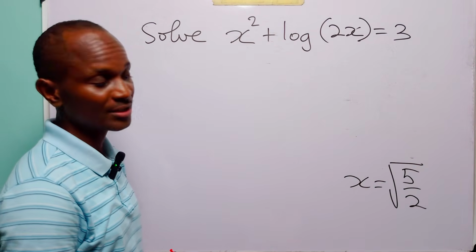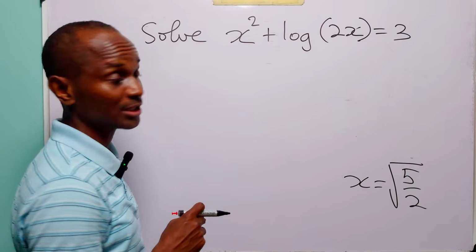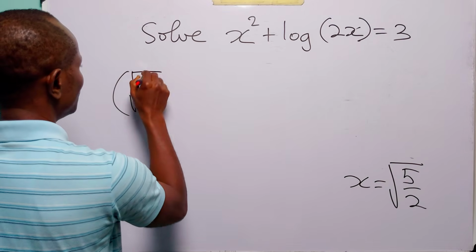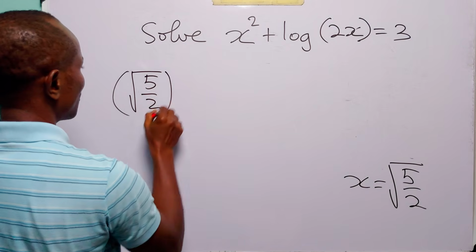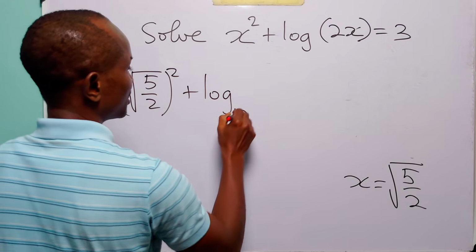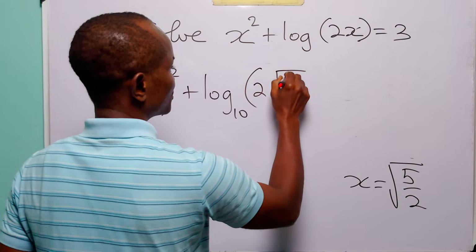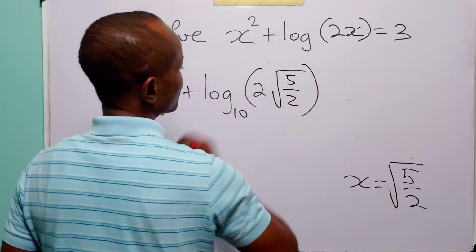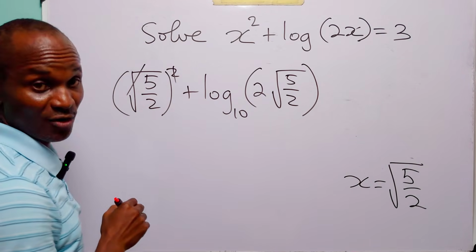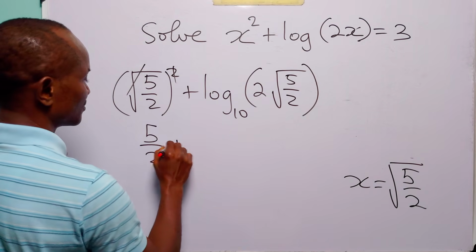Now, to check our answer, let us substitute root 5 over 2 for x in the original equation. When we do that, we have root 5 over 2 squared plus log to base 10 of 2 root 5 over 2. Now, of course, this square is going to take care of the square root, leaving us with 5 over 2.